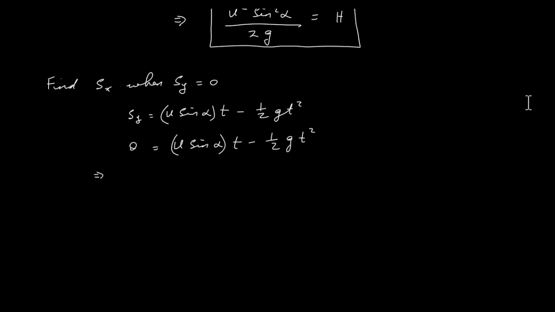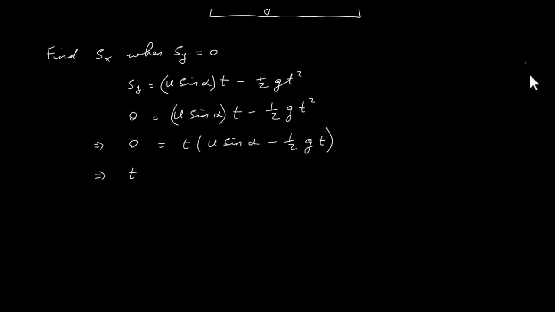Let's just factorize out the t. So that'll give us t times u sine alpha minus a half gt. So we'll end up with t is equal to 0, or u sine alpha minus a half gt equal to 0.